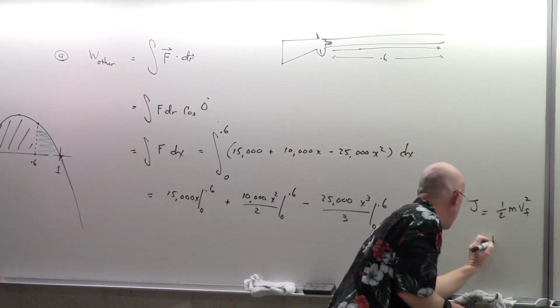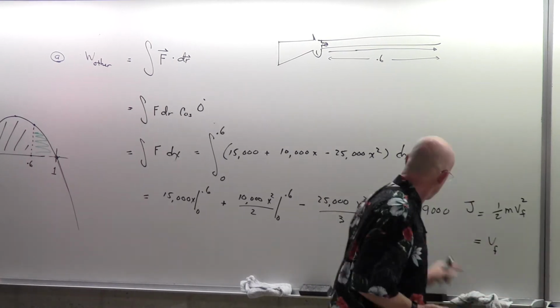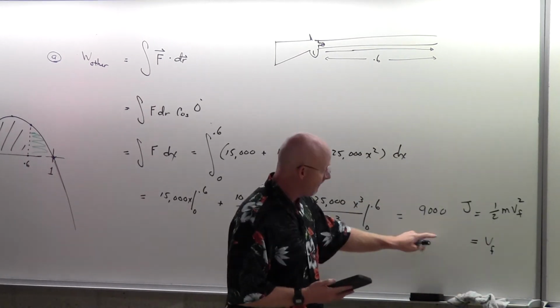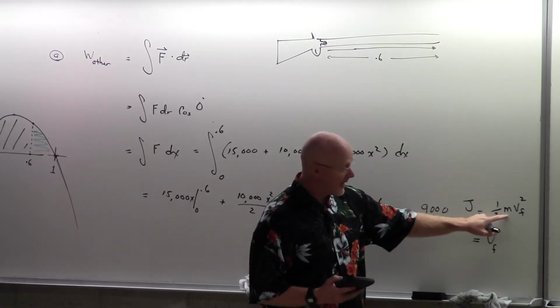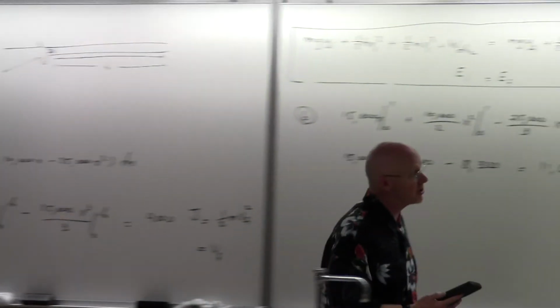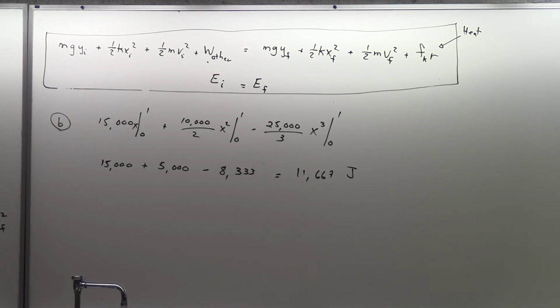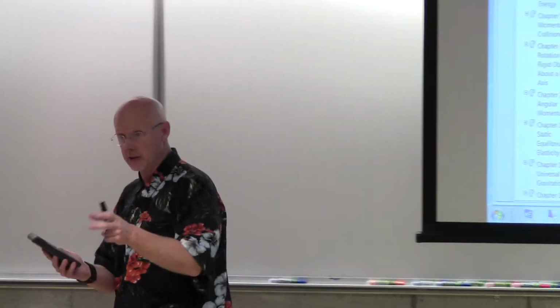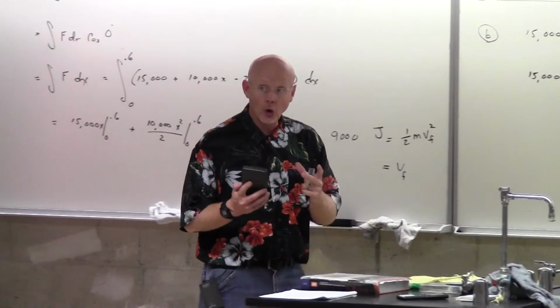So keeping that in mind and getting out my calculator, I can take this work of 9,000. I can multiply it by 2. I can also divide it by the mass of the bullet, which I think they said 100 grams up here. Now watch my units here. I'm going to divide by 0.1. And so again, let's go back to chapter 1. Watch your units. Our work is in joules.